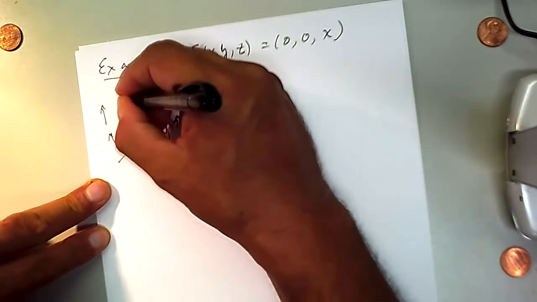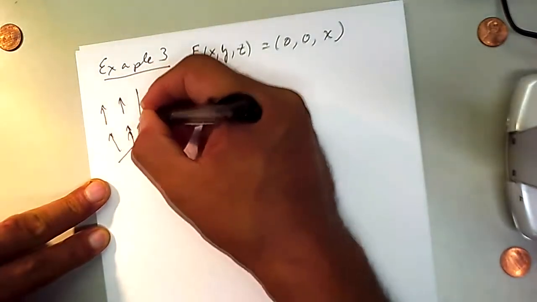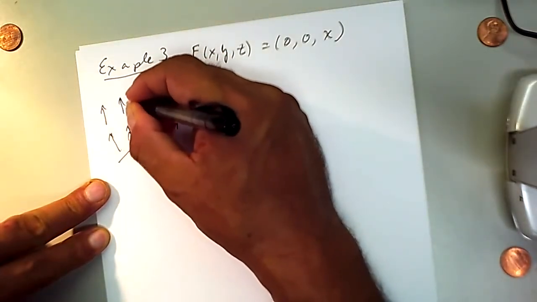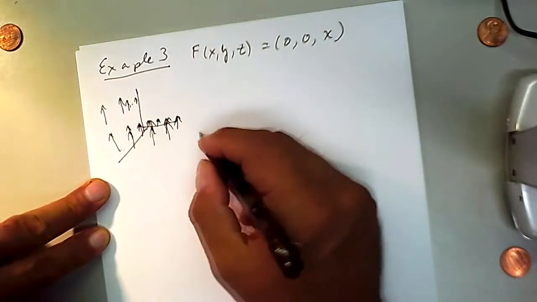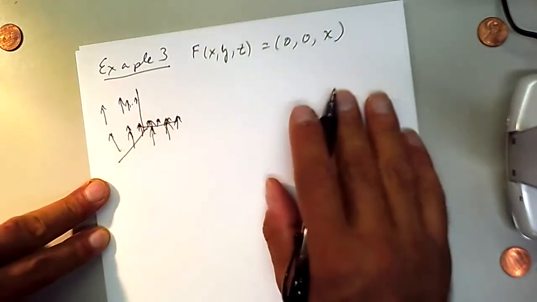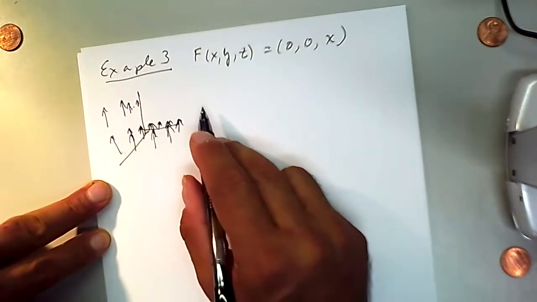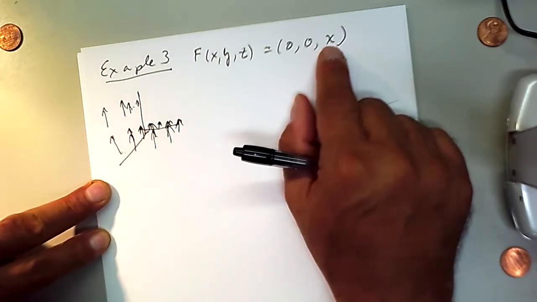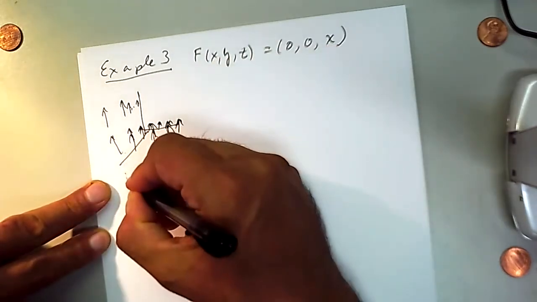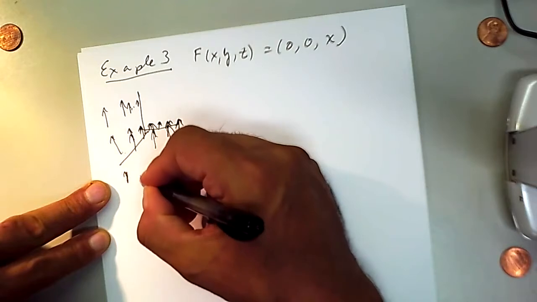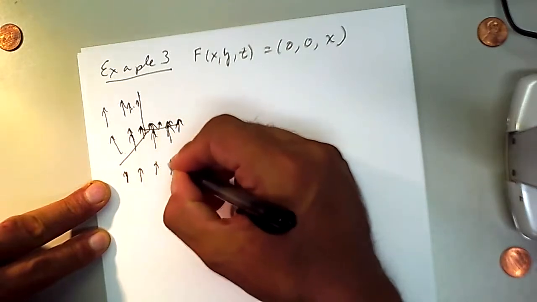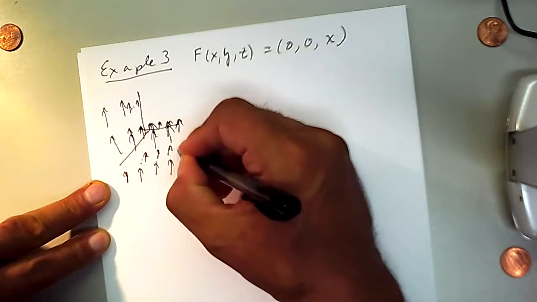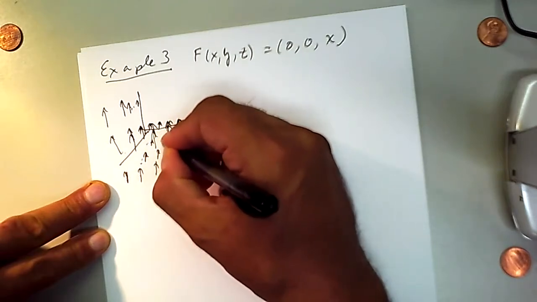And once we get to this level, they're going to be the same length. So they're short here, and then they increase as we go this way. Going across in the y direction, they're not going to increase because x is the only thing that affects the outputs. Even down here, we'll have the same situation. And then they get shorter and shorter yet.